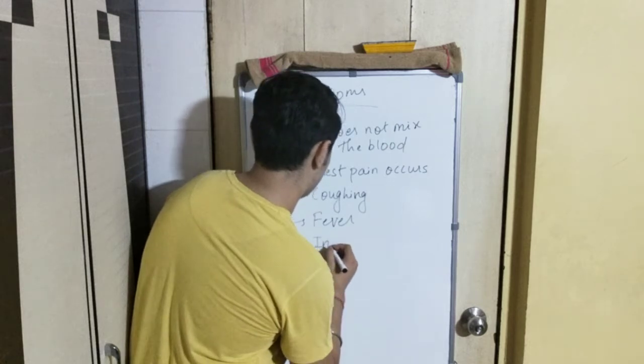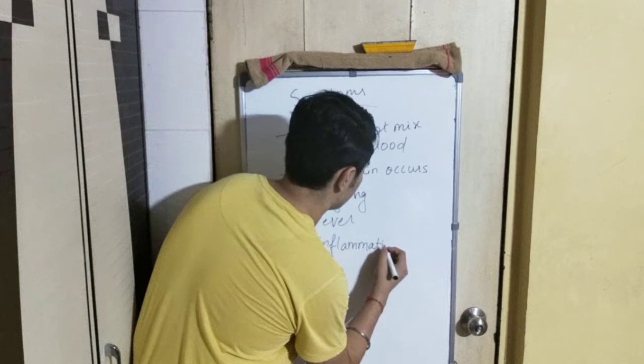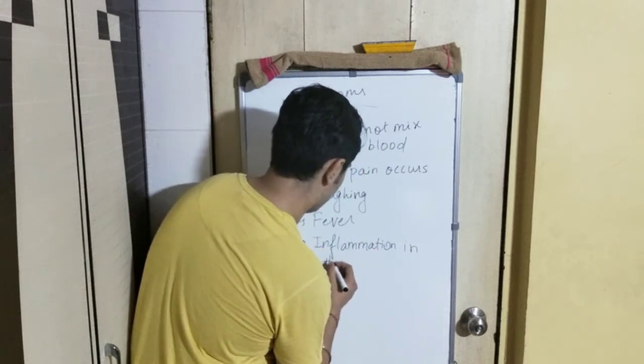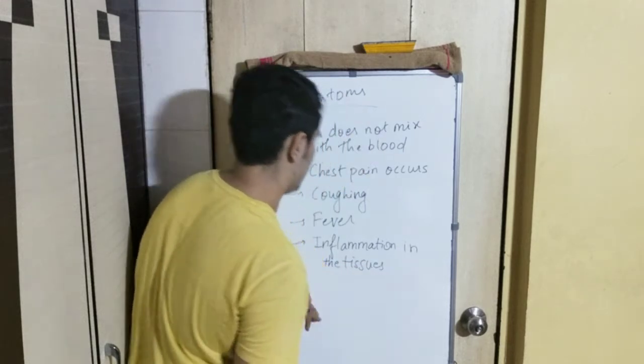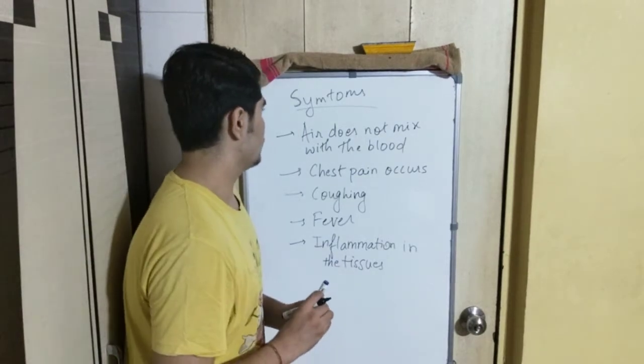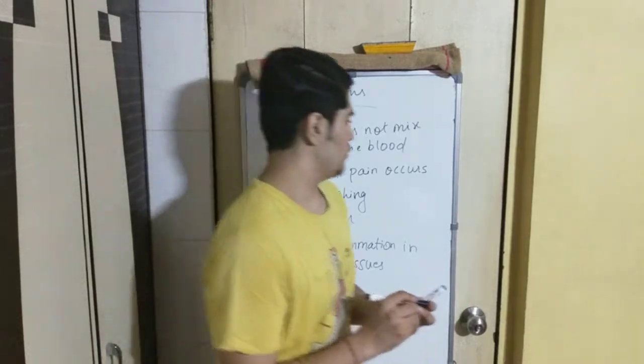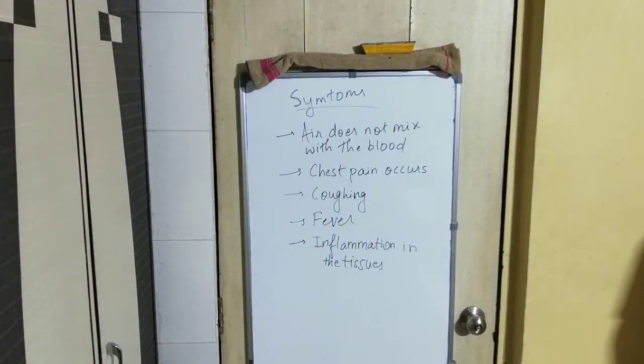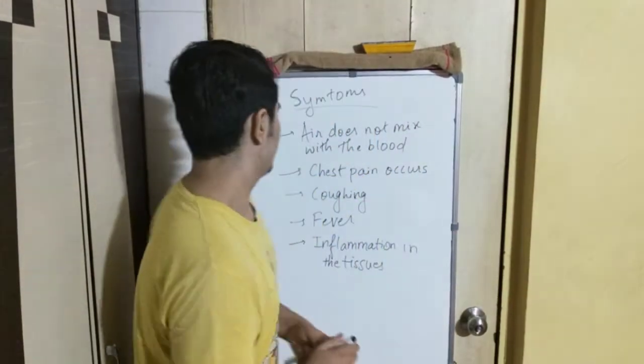The fourth is inflammation in the tissues. So these are the symptoms of pneumonia. You can copy it down. I hope you have copied it.